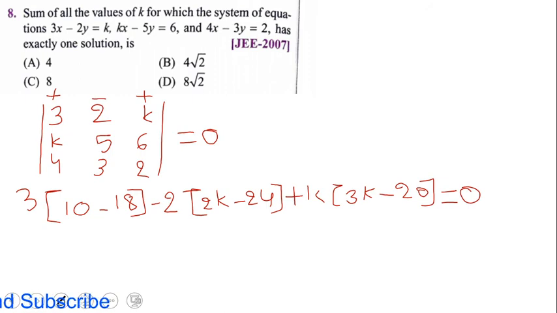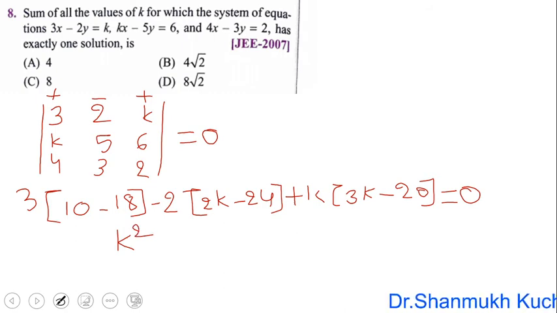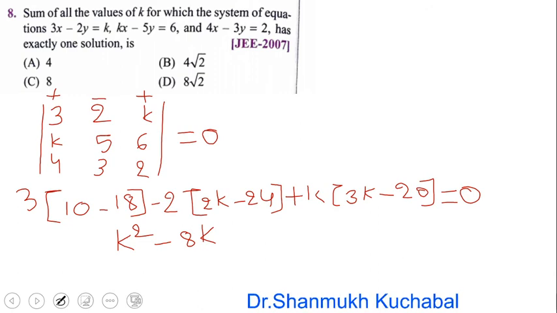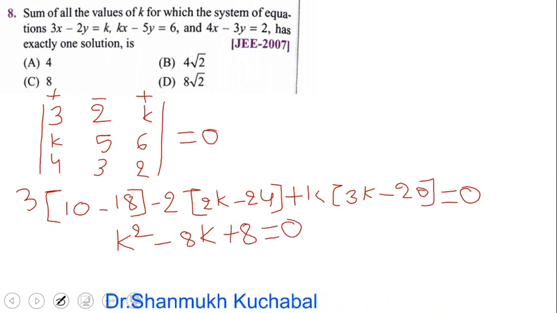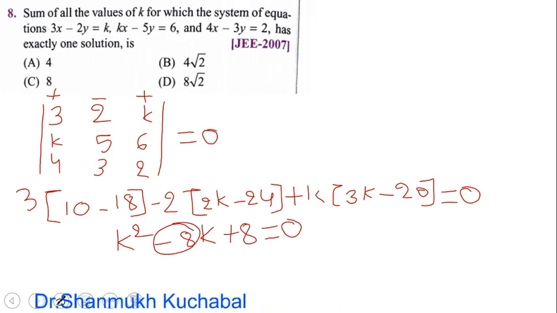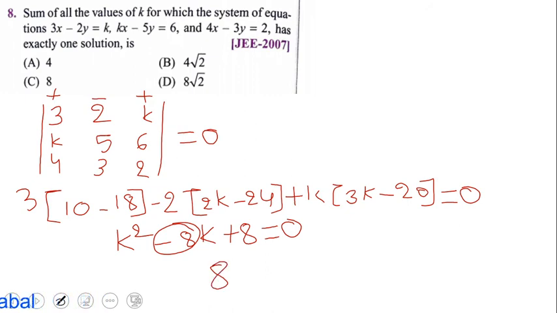We will simplify this. Simplifying, we get a quadratic equation: k square minus 8k plus 8 equal to 0. In this, the k coefficient is minus 8, that will be the sum, so ignoring the negative sign we get 8. Therefore option C is the right answer here.